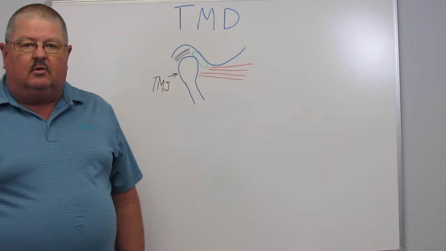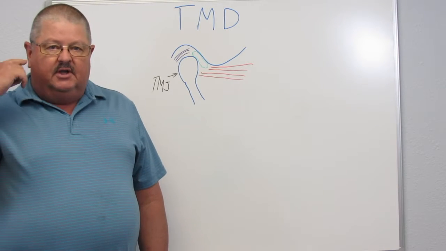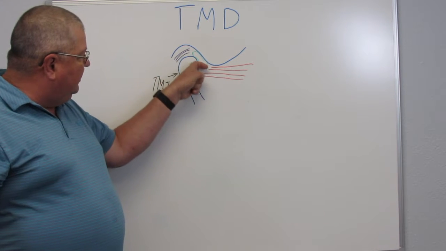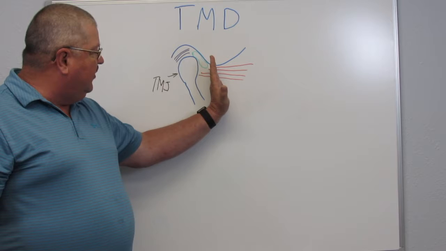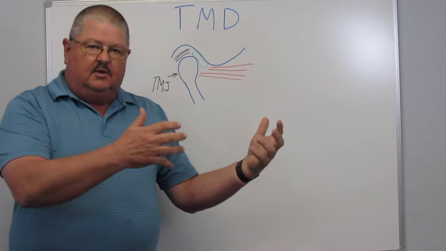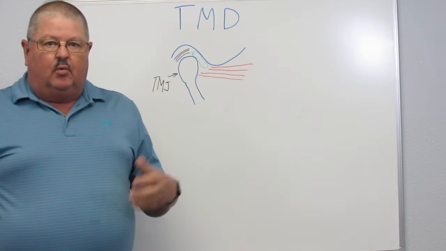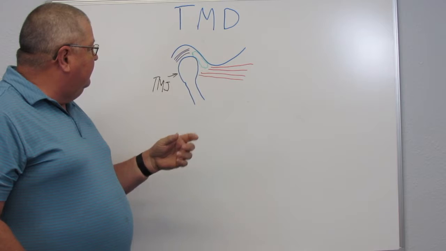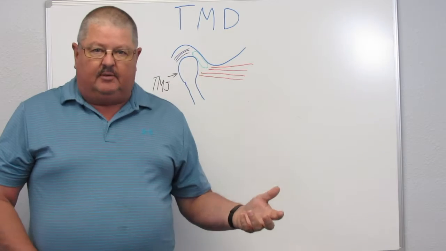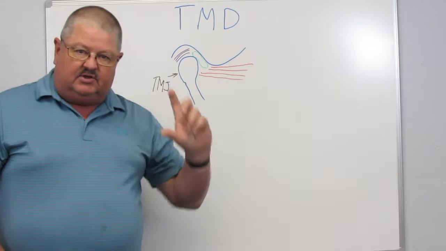The purpose of the lateral pterygoid is to open your jaw. When it contracts, it pulls the jaw forward and it slides down this articular eminence to a position over here. So the temporomandibular joint is both a hinge and a slide. We call the TMJ a translatory joint because it has two components of movement. It hinges open and it slides forward.